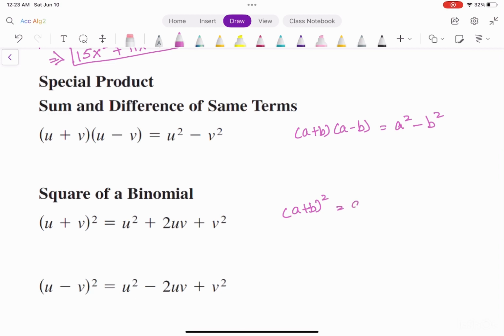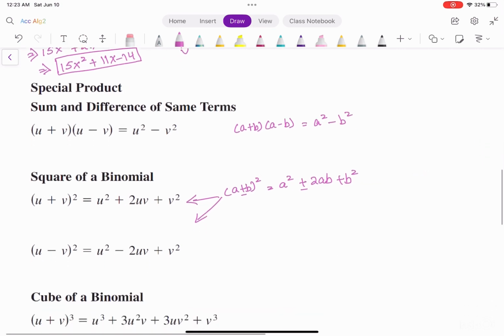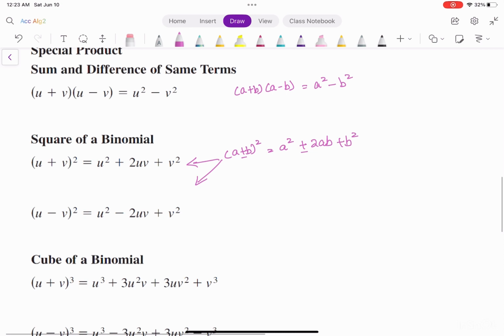Now the square of the polynomial, a plus b whole squared, is a squared plus 2ab plus b squared. Whenever we are talking about subtraction, only 2ab will change the sign, right? Now the same thing with the cube of a binomial. So cube means to the power of 3.